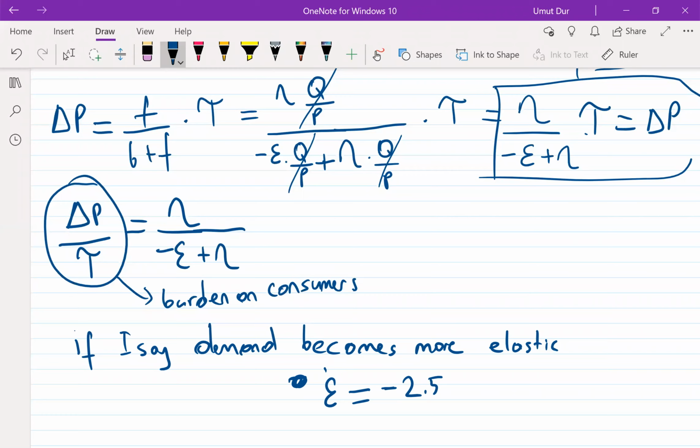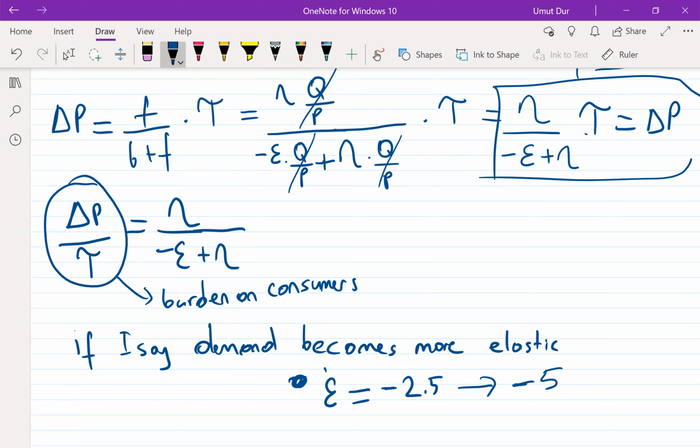If the demand becomes more elastic, then it goes from minus 2.5 to minus 5, closer to minus infinity. In absolute value it increases, but if you just look at the magnitude, it becomes more negative, which means that it is decreasing.